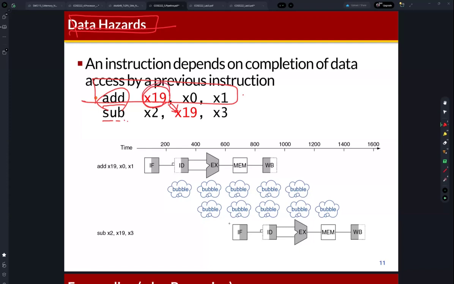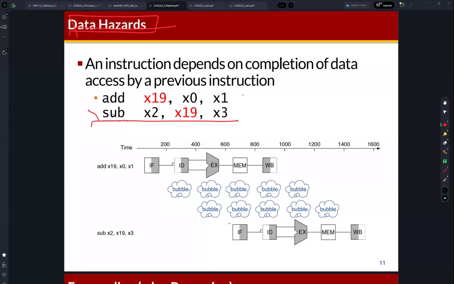So X19 is stored in the register file, and after that the sub instruction is given to the single cycle processor and executed. We don't need to consider the data hazard in a single cycle processor, but in the pipeline architecture, we need to consider the data hazard.